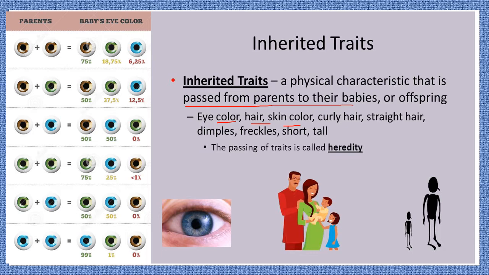Whether the style of the hair will be curly or straight, that characteristic will also be transferred from parent to child. So these are all inherited traits. Dimples, freckles, short, tall, even height are also inherited traits. Okay, and the passing of traits is called heredity. So this is the definition of heredity.